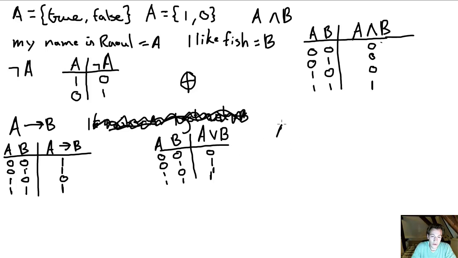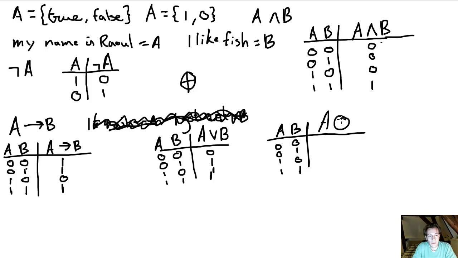I can show you the exclusive or. So we get 0, 1, 0, 1, 0, 0, 1, 1. And then we have A exclusive or B. Well, I'll just give you an example.